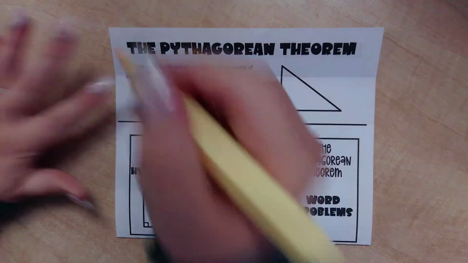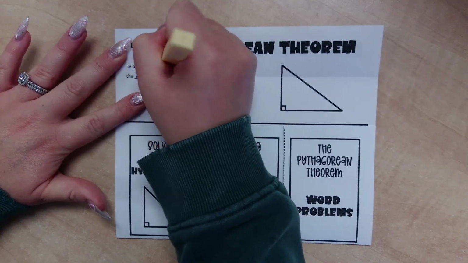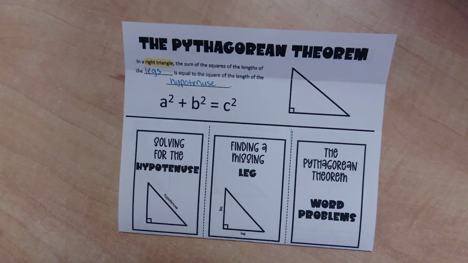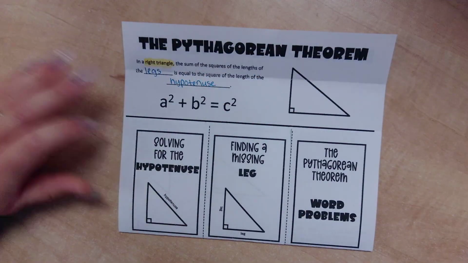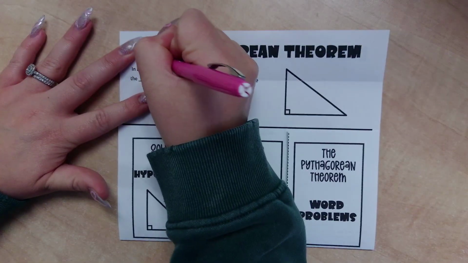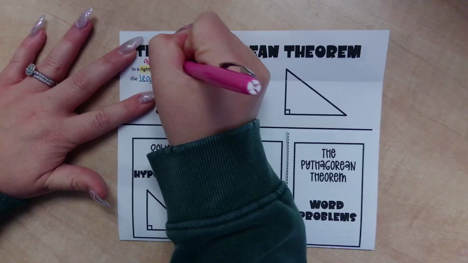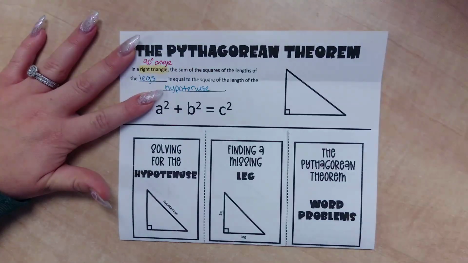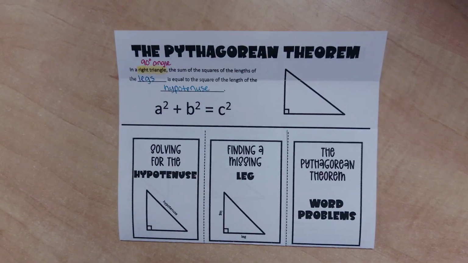In a right triangle, this part is super important, that number one, you know what a right triangle is. A right triangle is a triangle that has a 90-degree angle. And I need to make it clear that this theorem only works for right triangles. It will not work for any other sort of triangle. There must be a triangle that correctly uses that 90-degree angle.